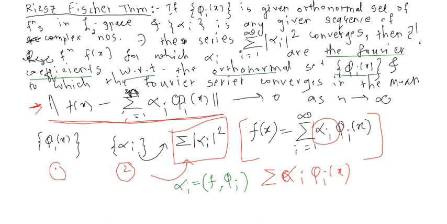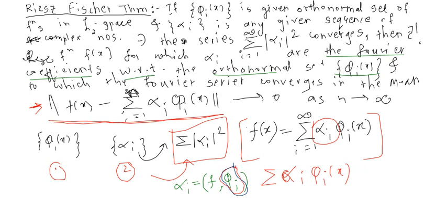The meaning of this is, with respect to the orthonormal set phi i of x, here we have phi i of x, and therefore this alpha i is called the Fourier coefficient with respect to the set phi i of x.